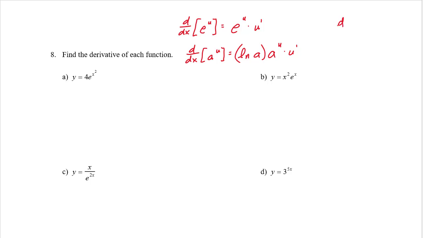Let's see, derivatives of logs. The natural log of some expression u is going to turn into u prime over u. And if we had some base that was not e, that's equivalent to u prime over u times the natural log of the base.